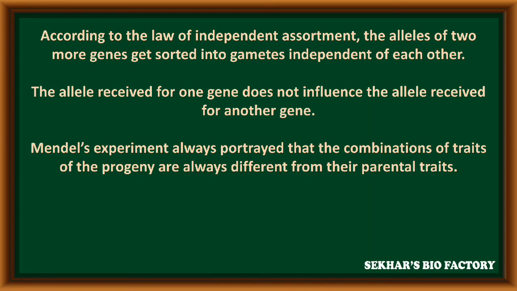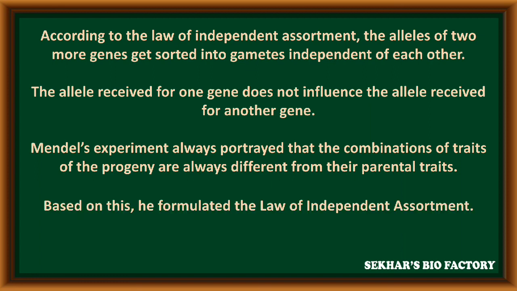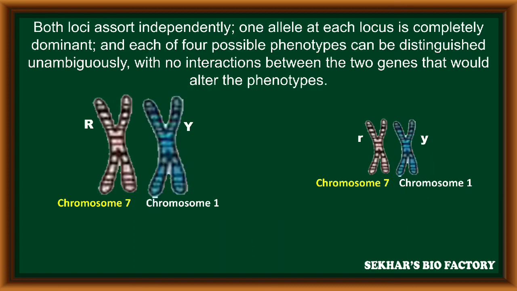Mendel's experiment always portrayed that the combination of traits of the progeny is different from the parental traits. Based on this, he formulated the law of independent assortment. Both loci for capital R, small r and capital Y, small y assort independently.